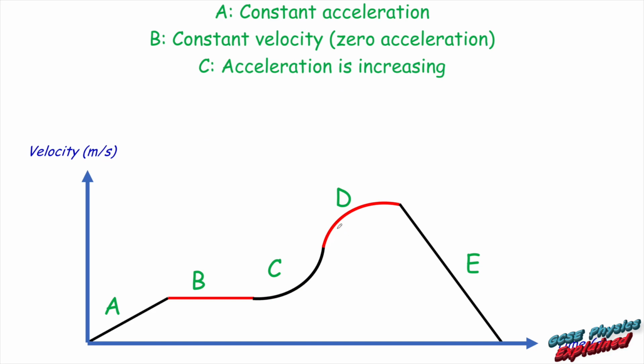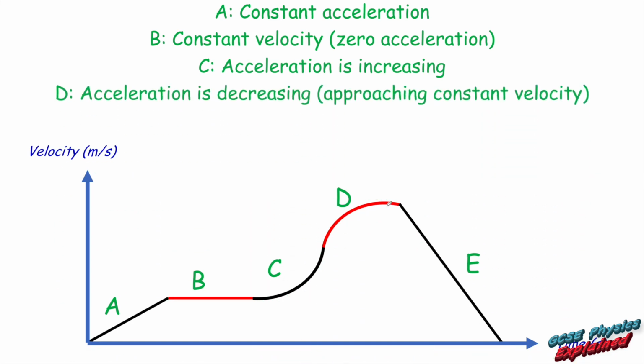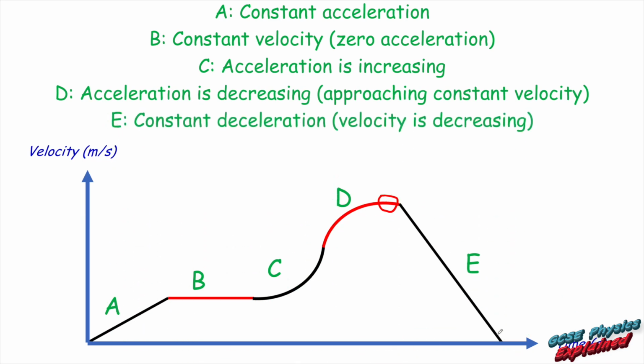This slope here is getting flatter and flatter, which means the acceleration is decreasing, getting smaller, approaching a constant velocity once I get to that bit. And then E, the velocity is getting smaller. All right, so it's decelerating. And then if it did say what's happening at that point, that's when the object's actually stopped because the velocity has got down to 0.